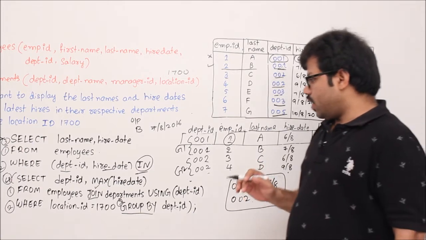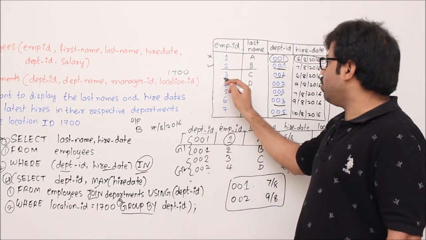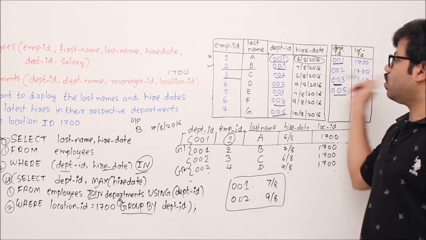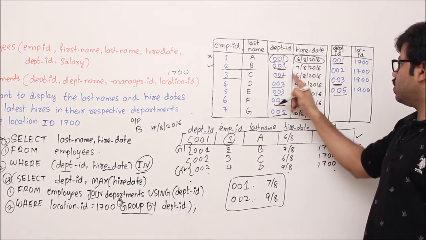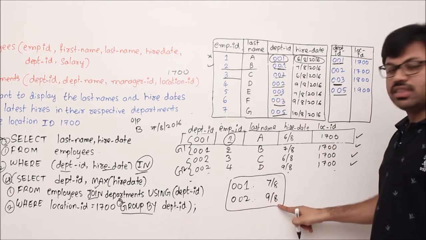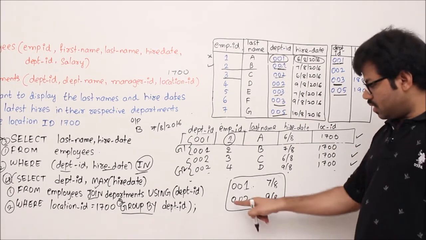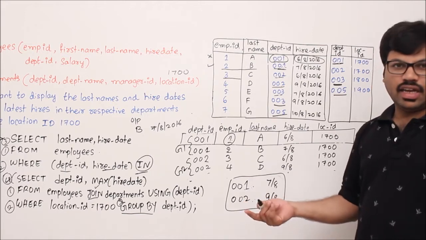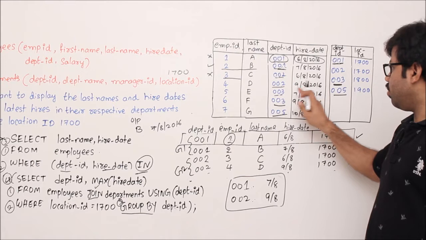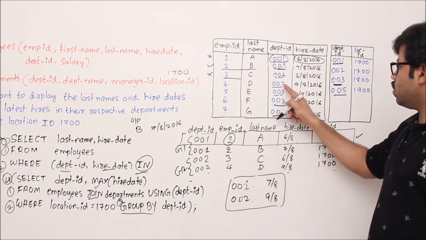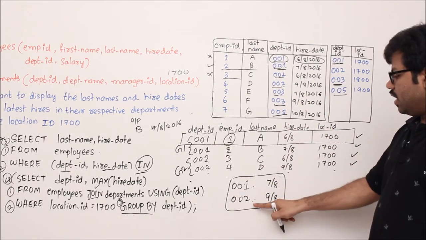So second one, what happens after that? This tuple will be processed, right? 3C002 and so on. In that, what is department ID? 002. What is the hire date? 6. 002 and 6 is not a combination here because this is only information about latest hire. So that's why this will be rejected. Next 002 and 9 will match this. So 002 and the 9th date is here.